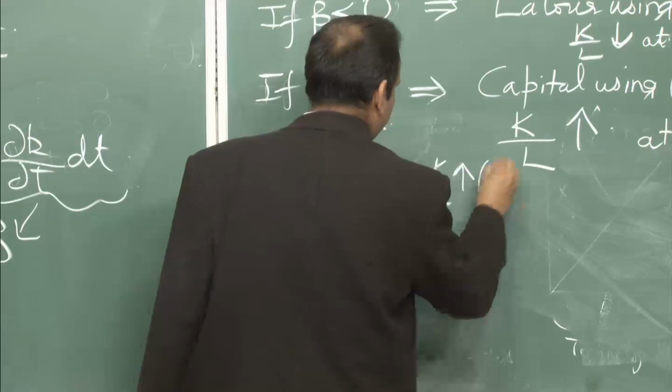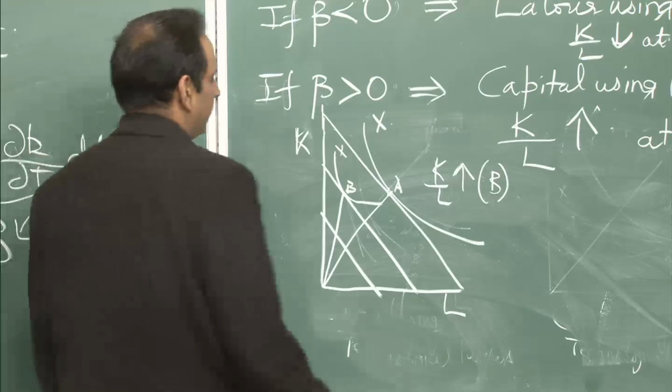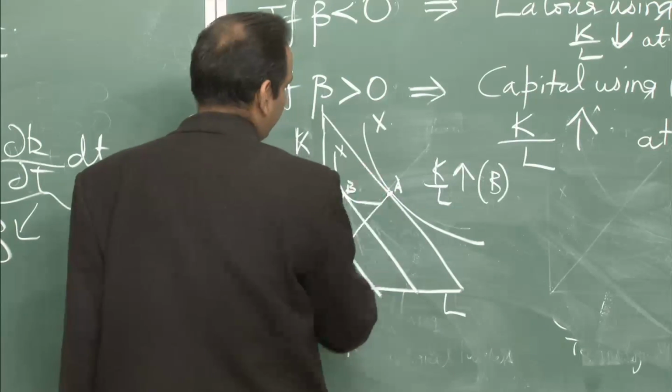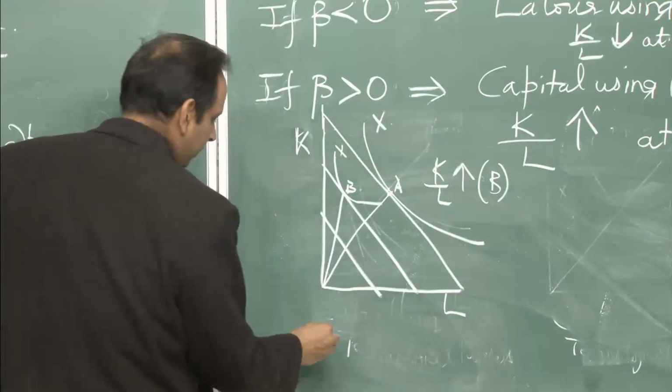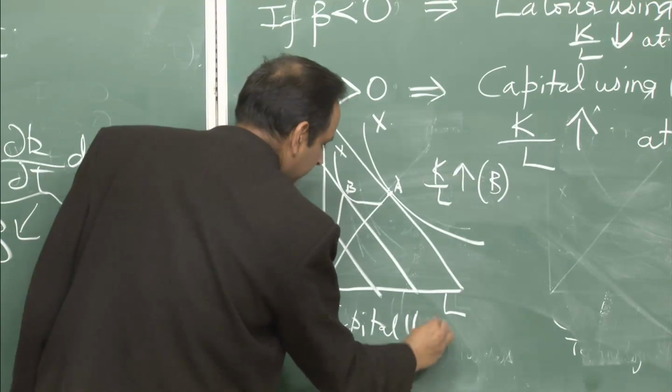At point B, K by L is greater than K by L at point A. This is called the capital using technological progress.